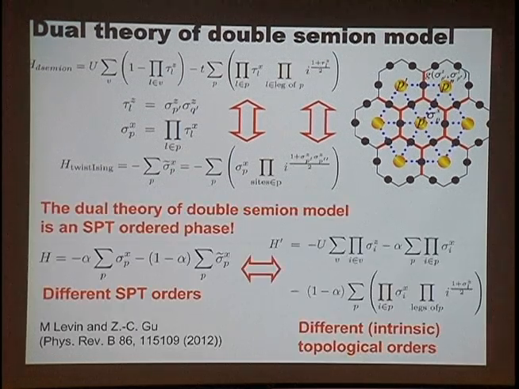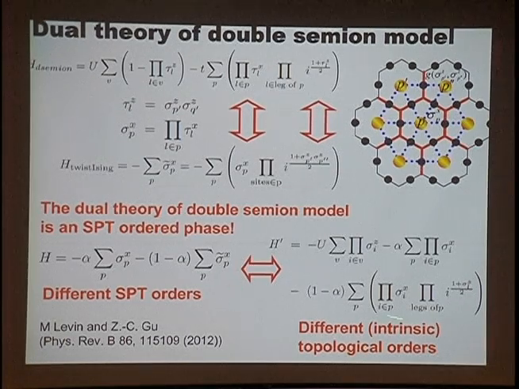The proof is in the following way. For any Hamiltonian preserving Z2 symmetry, for example, we can put alpha here. This is the simplest Hamiltonian we can think about. If alpha equals 1, it's just the trivial transverse Ising model in the infinite field limit, and alpha equals 0 is just this twisted model.